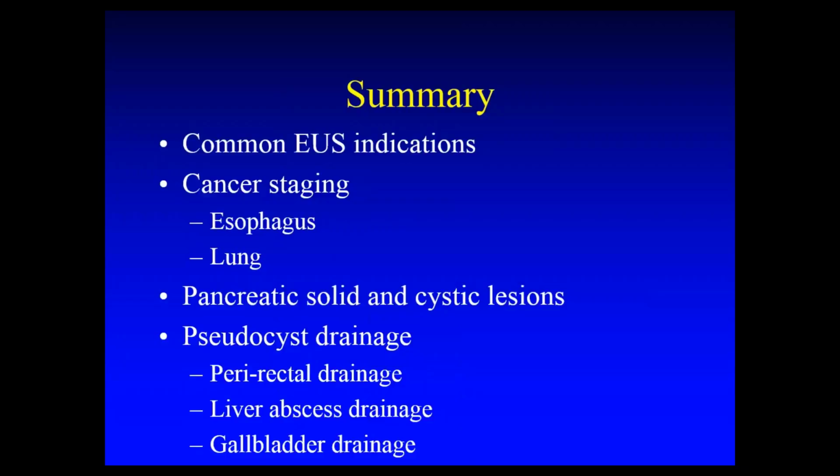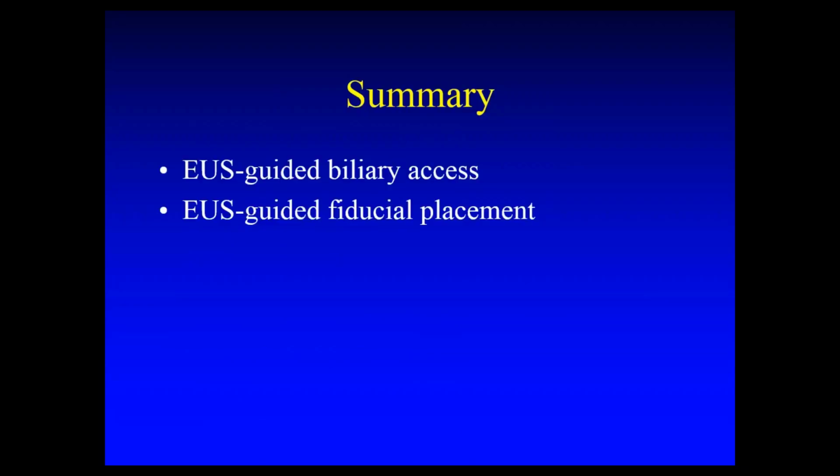We talked about the EUS-guided biliary access when ERCP is not possible for whatever reason. We talked about EUS-guided fiducial placement in patients who are undergoing stereotactic radiosurgery to allow us to better localize the lesion and minimize radiation exposure to surrounding tissues.